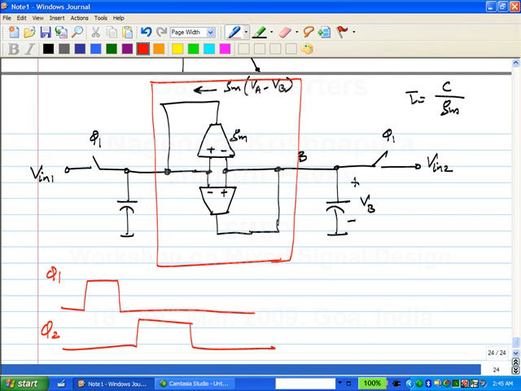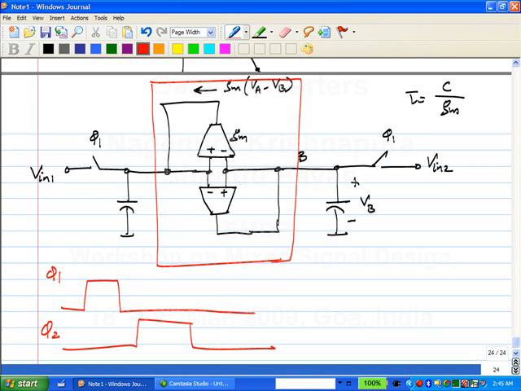So phi 1 is the phase where the input is sampled, and when phi 1 is high, you do not want the GMs to be working. You want them to work only when phi 2 is high. You understand?